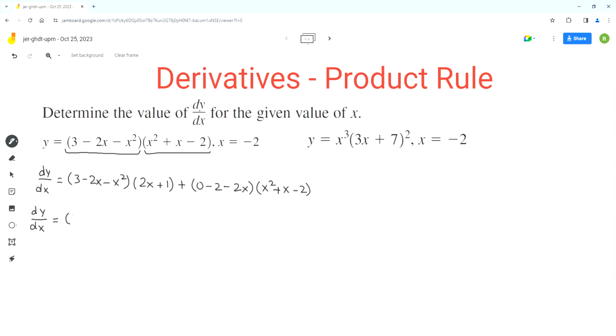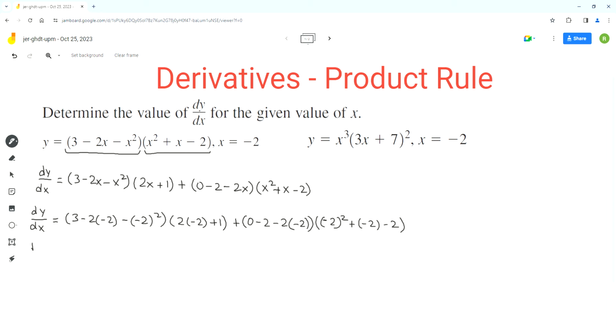So we get (3 minus 2 times negative 2, then minus negative 2 squared) times (2 times negative 2 plus 1), and now the second part, plus (0 minus 2 minus 2 times negative 2), and then in the last parentheses, negative 2 squared plus negative 2 and then minus 2.